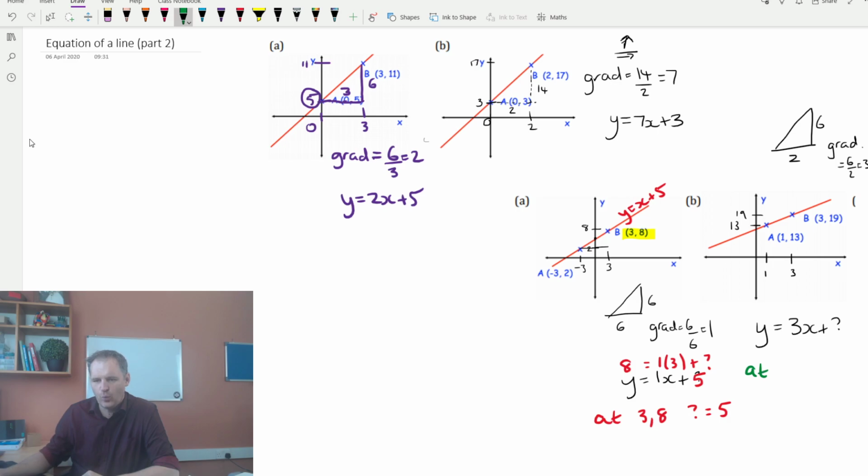At (1, 13), because we can see that's on the line. Remember, we've got an x value and a y value. 13 is the y value, equals 3 times 1 plus question mark. 3 times 1 is 3, so I think the question mark must be 10, which tells us y equals 3x plus 10.